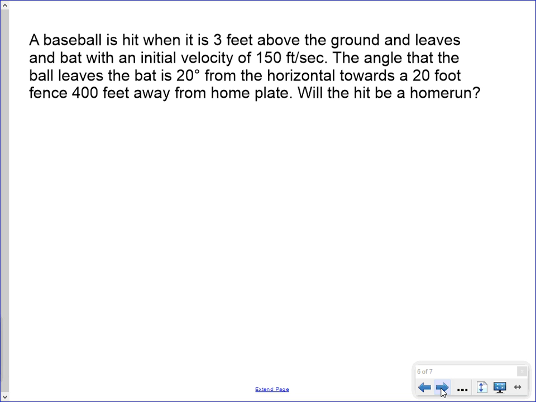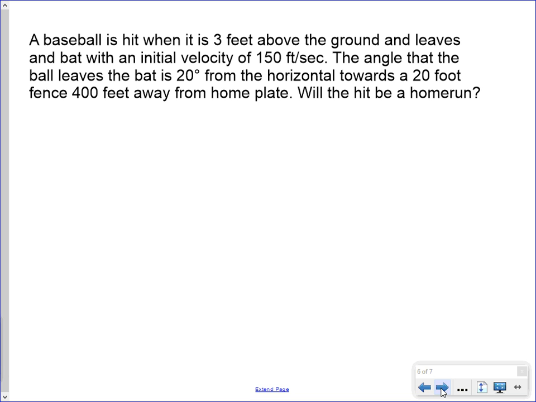So before you can answer that question, you really need to know, when does the ball reach the fence? How far away is the fence? 400 feet. So you could put 400 in for x in your horizontal equation and solve for your t.